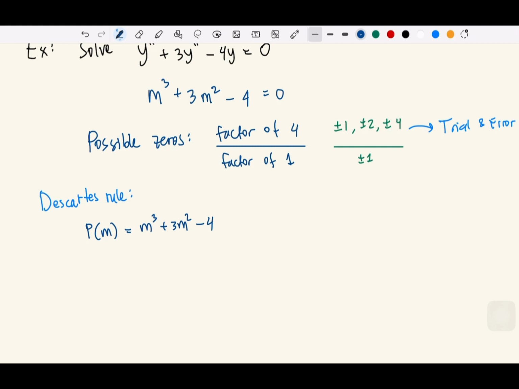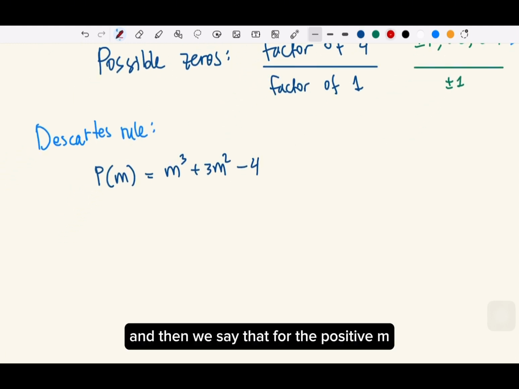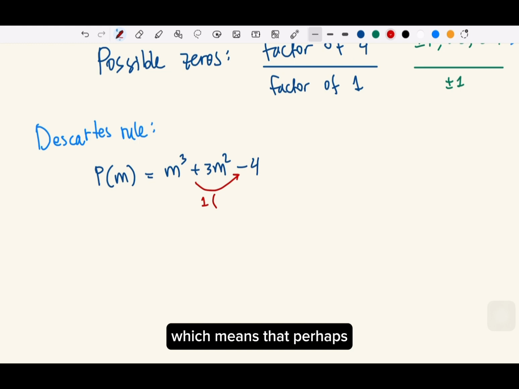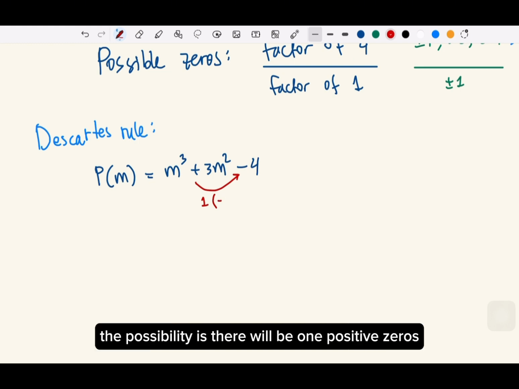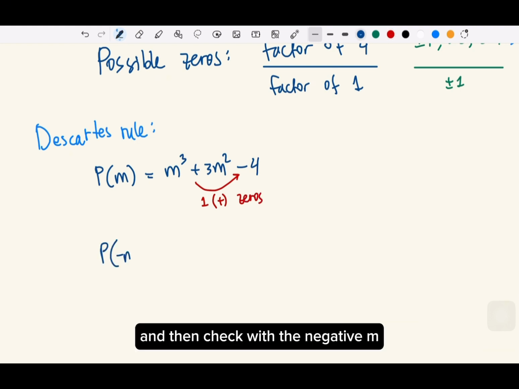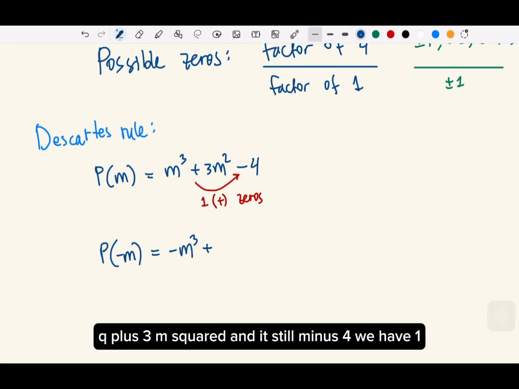Okay. And then we say that for the positive m, we see that there is one change. Okay? So one change, which means that perhaps there will be one positive zero. Zeros is roots. And then check with the negative m. This will be changing to negative m cubed plus 3m squared, and then still minus 4.